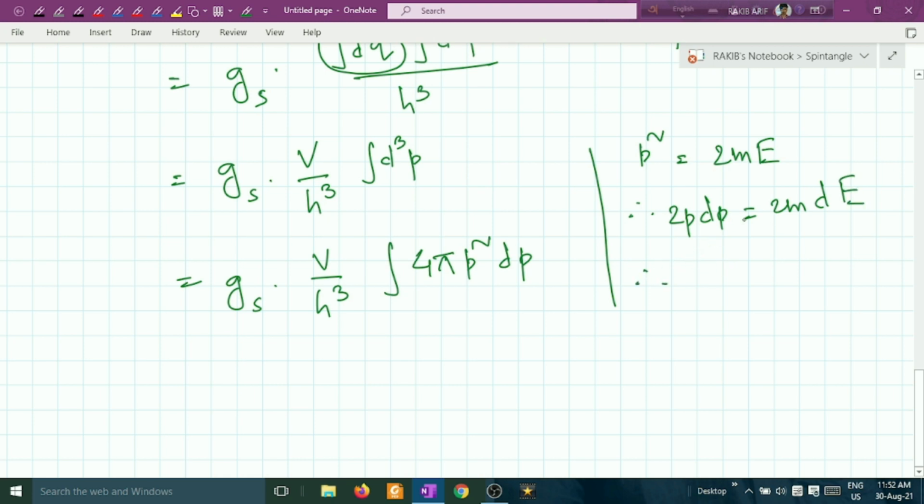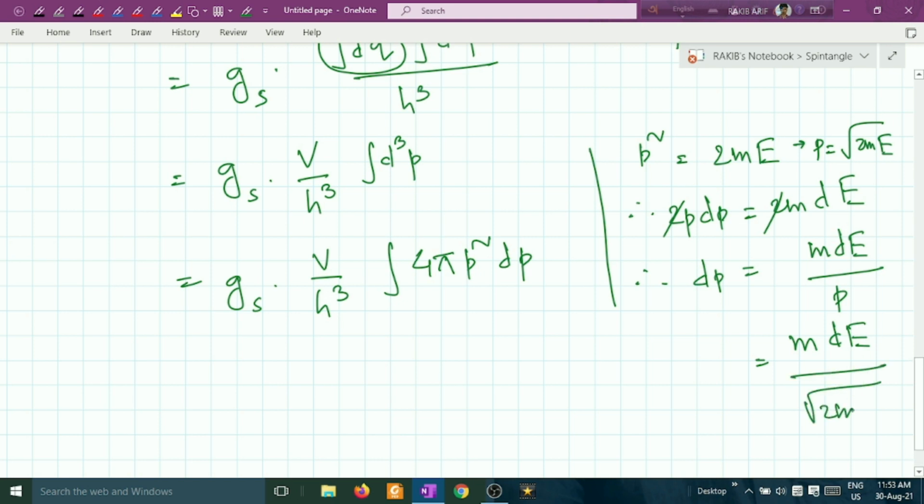Therefore, what does it become? p dp becomes m dE upon p. From the above equation, p will be root over 2mE. Therefore, it becomes m dE upon root over 2mE.